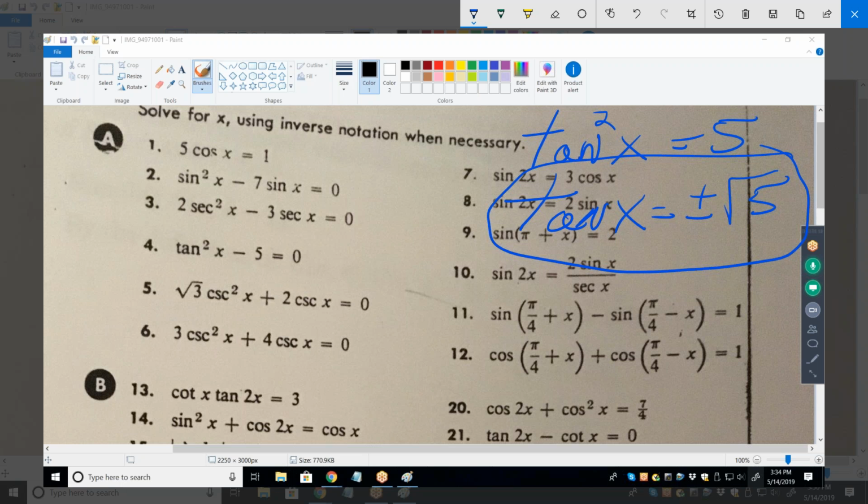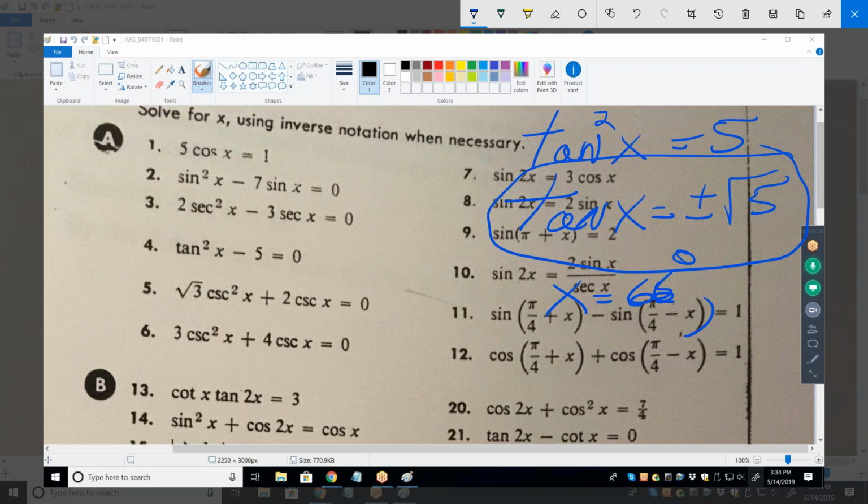So let's start out with the first, which is what the calculator is going to give you. The tangent inverse of root 5 is approximately 65.9, so 66 degrees. And where else?